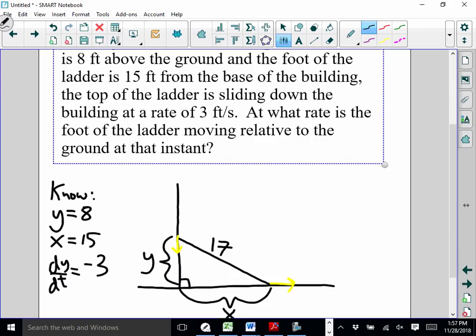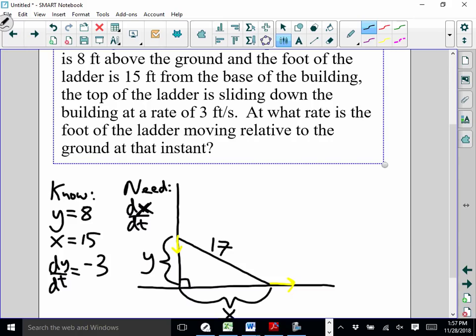So that's the rate of change of y. What I want to figure out, my need, is at what rate the foot of the ladder is moving relative to the ground at that instant. So I want to know the rate of change of x. So I need dx/dt.